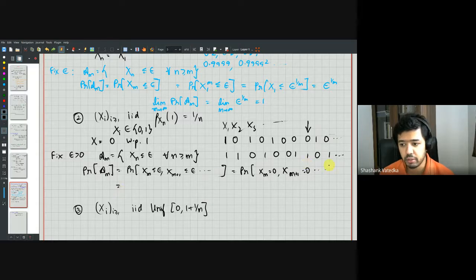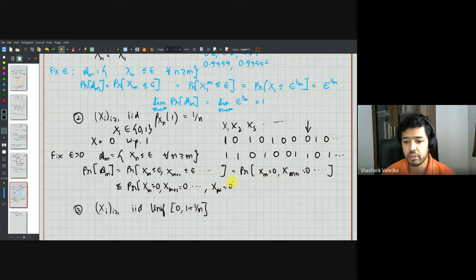So just to simplify, let me try to get an upper bound on this. This is less than or equal to the probability that xm equal to 0, xm plus 1 equal to 0, and so on up to some fixed capital N. So everything between m and capital N is 0. Why is this an upper bound? Is it really an upper bound?